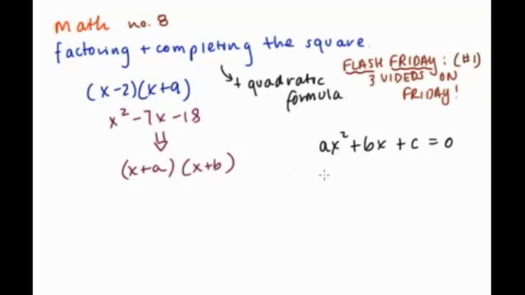And so while you're factoring, you have to make sure that there are going to be two numbers. They can be any two numbers, but they are going to have to multiply and result in C.